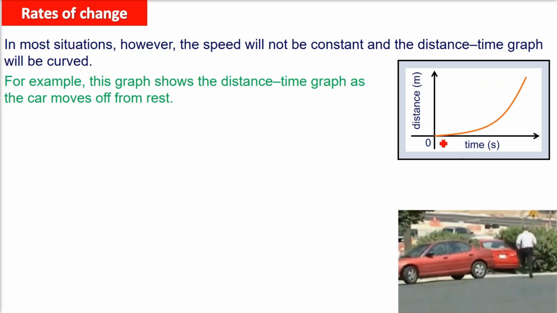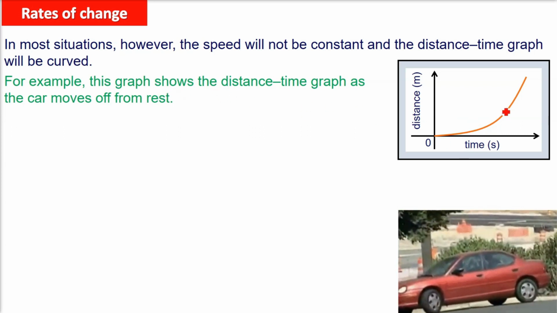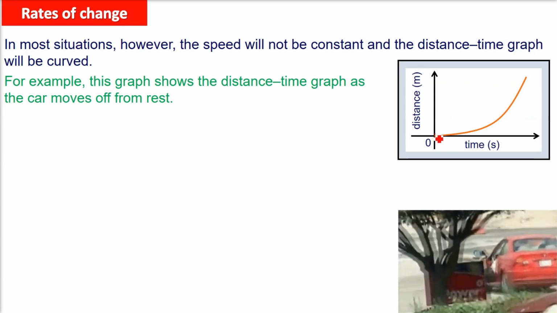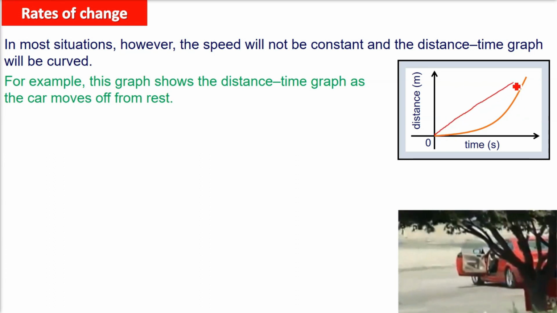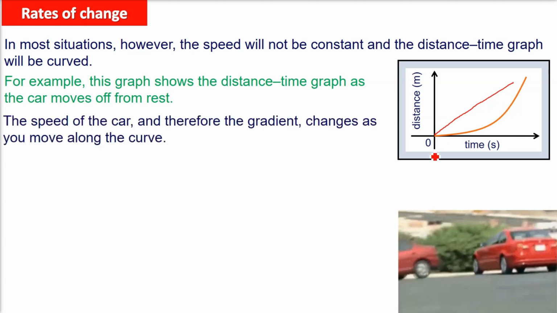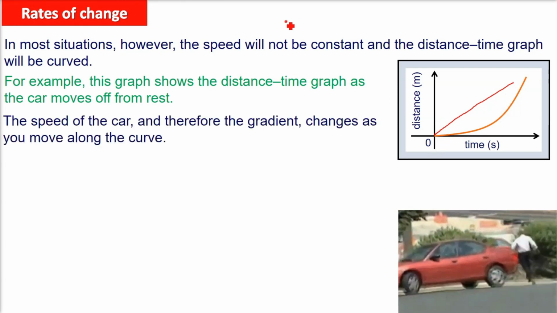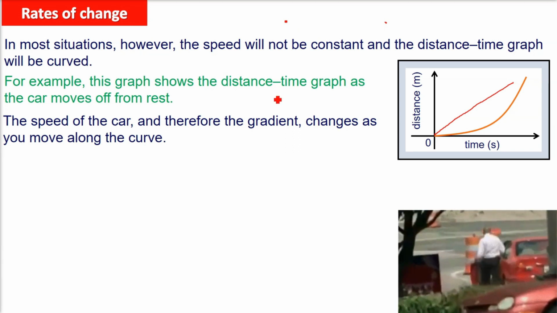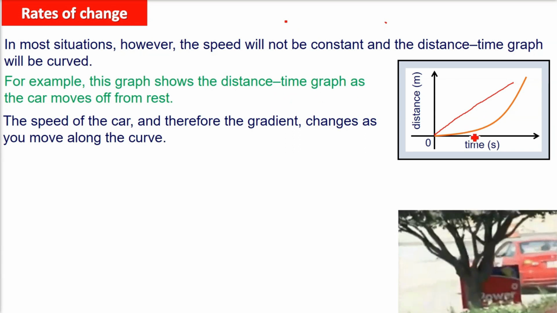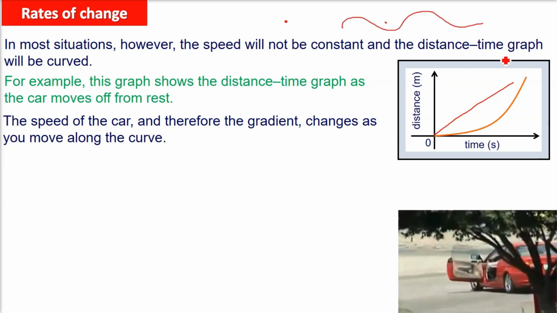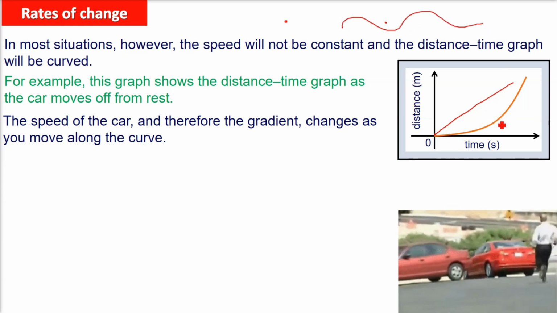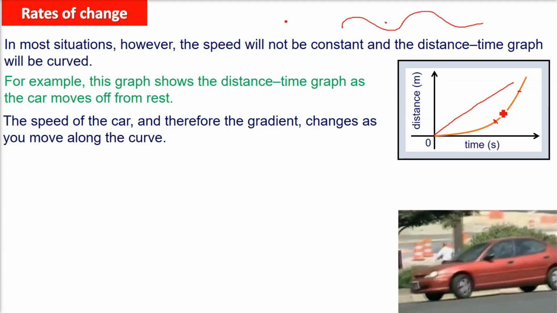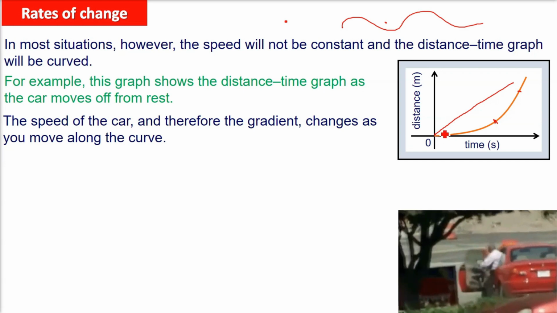The distance time graph will not be a straight line, it will be a curved line, right? Because you start from rest, you have traffic stops, you have people, you have maybe animals. So the speed of the car, which is what we're calling the gradient or the slope or the ratio of two values, changes as you move along the curve, as you move from point A to point B, that is the source to the destination.